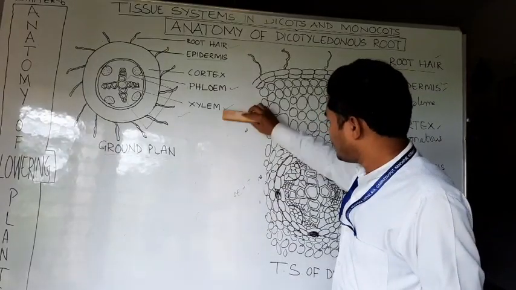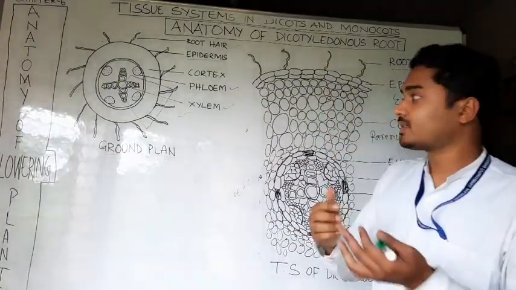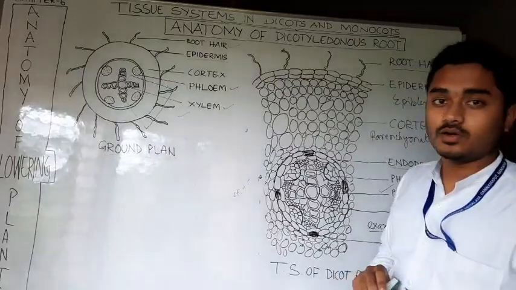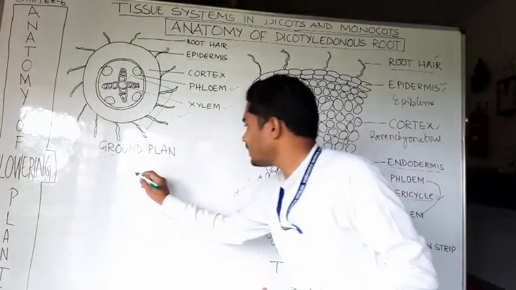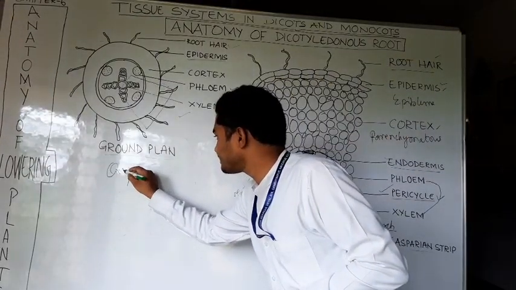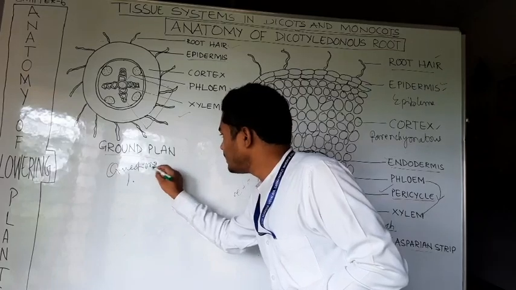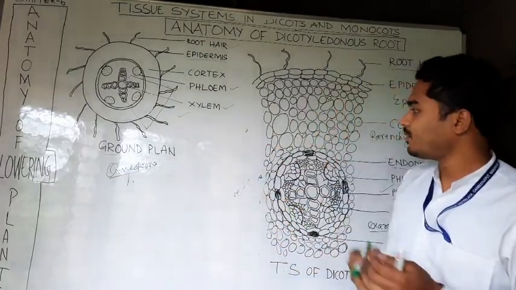So what questions can we expect from this anatomy of dicotyledonous root? We will try to understand how we can approach the question.